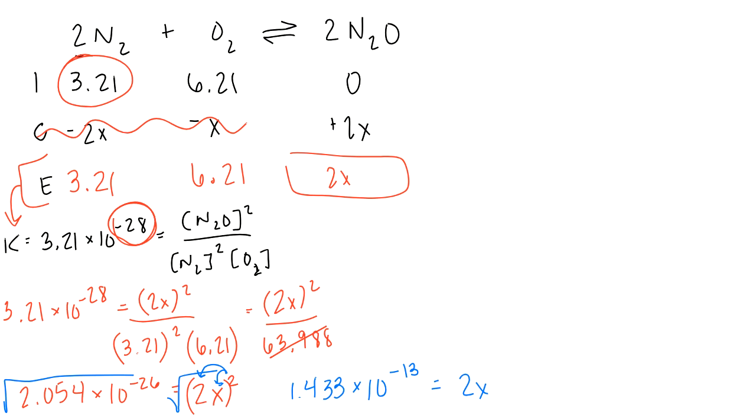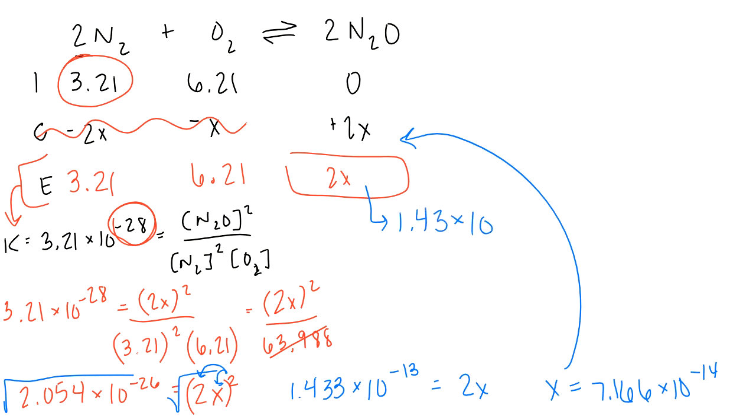Now we divide by 2 on both sides, and for x we get 7.166 times 10 to the negative 14. So we go back up to the top and plug that in for our 2x. That means our equilibrium value for N2O is going to be 1.43 times 10 to the negative 13 atmospheres.